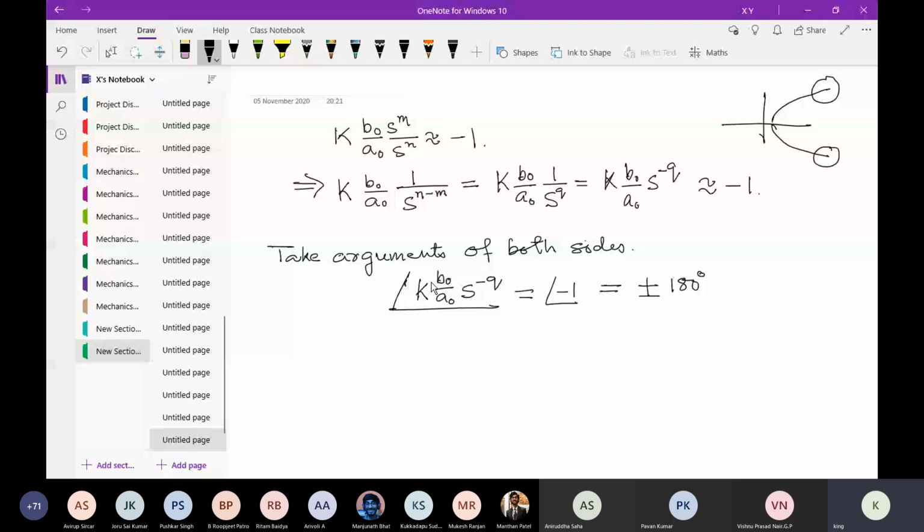So what we do now is, this part we kind of know what is going to be the contribution from here, k b0 by a0. We substitute s is equal to M e to the power j theta.